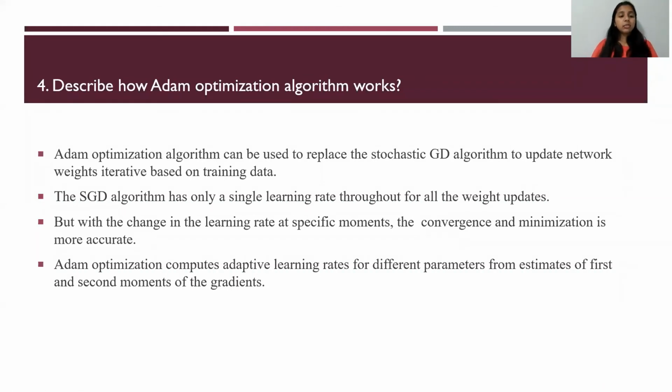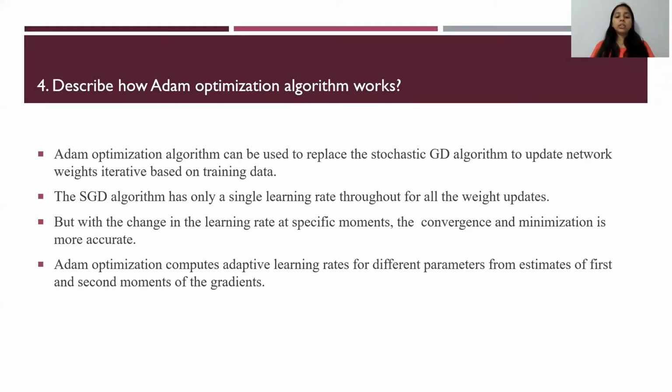In the fourth question, we have describe how Adam optimization algorithm works. The Adam optimization algorithm can be used as a replacement for the stochastic gradient descent algorithm, because the stochastic gradient descent algorithm has only a single learning rate throughout all the updates. But as we change the learning rate at specific moments, the convergence and the minimization is more accurate.